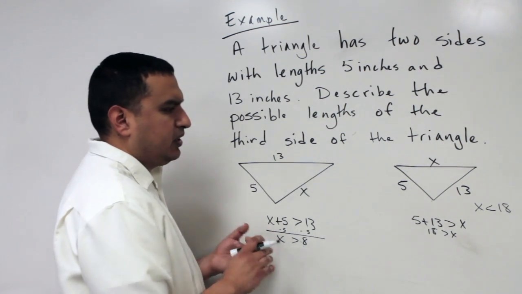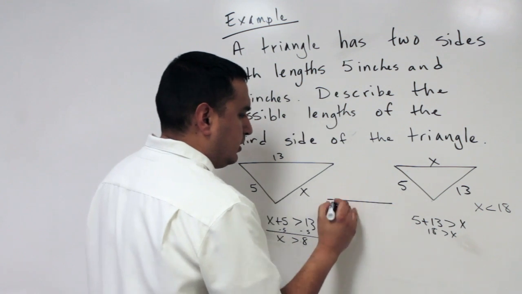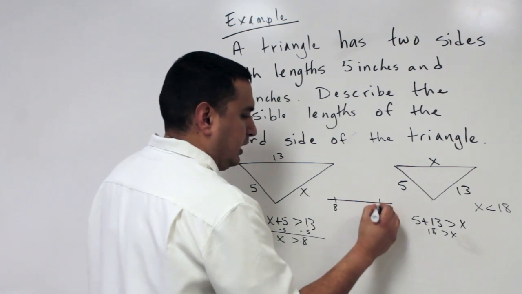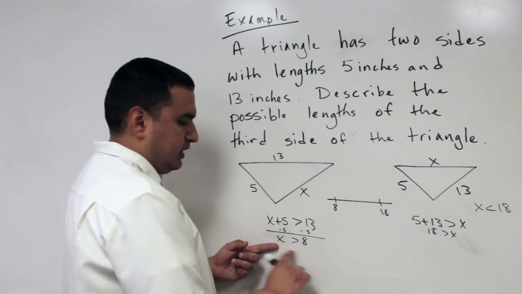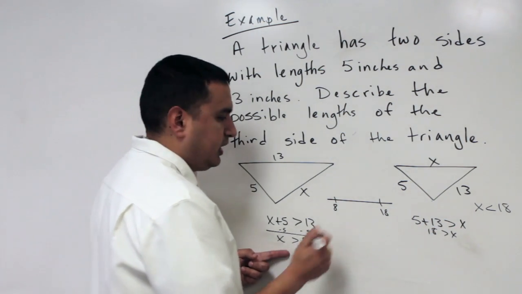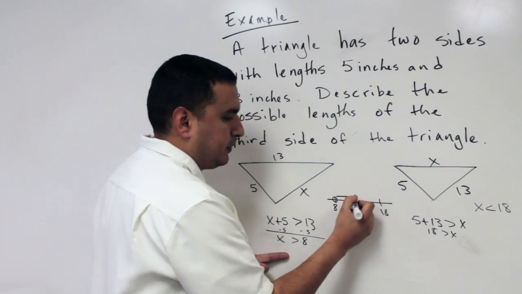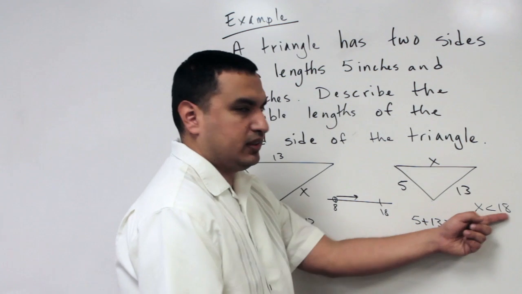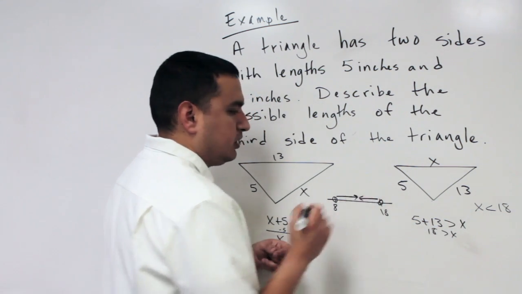But to help you see what to do with both of these, draw a number line here, and let's just say that 8 is here and 18 is here. What do these two things tell you? Well, this one tells you that x has to be greater than 8, so you're going from 8 towards the right. This one tells you that x is less than 18, so you're taking from 18 and going this direction.